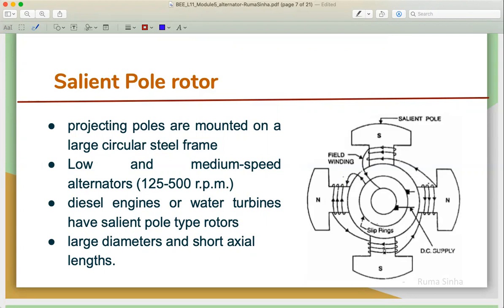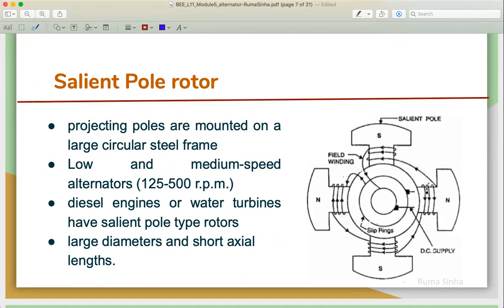So this is showing a 4-pole machine. We can have a 6-pole or 8-pole machine as well. Now, when we use the salient pole machine, as you know, the field winding has to be placed here. So these are the field windings which are placed. We can see here clearly that this is the direction of the current.